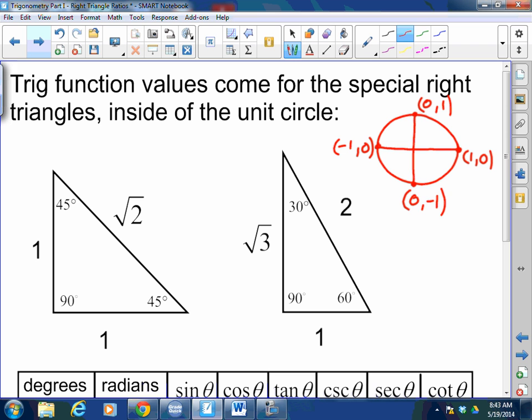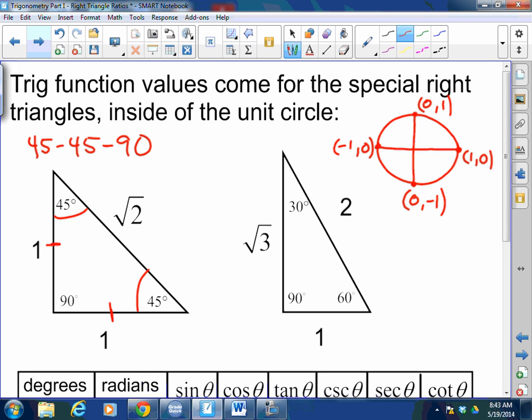Okay, first one you've got here is called a 45, 45, 90. Notice here how you have a 45-degree angle and a 45-degree angle. When you have two angles that are the same within a right triangle, the sides are going to be equal. So the opposite or the adjacent, it doesn't matter, the sides of a 45, 45, 90 are always 1.